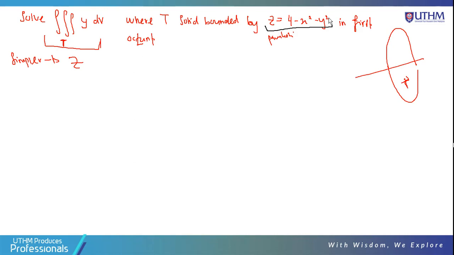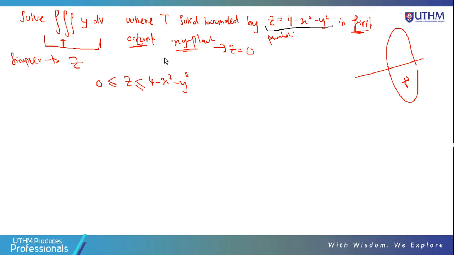So the first octant means the XY plane. In the XY plane, Z equal to 0. So you choose Z as the simpler variable, so Z starts from 0 because of the XY plane, and goes up to 4 minus X square minus Y square.